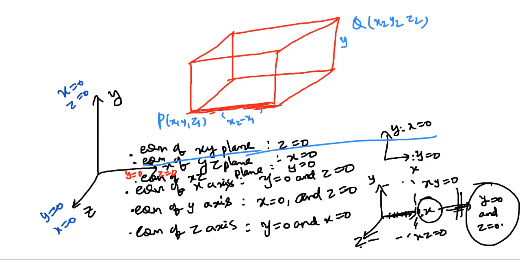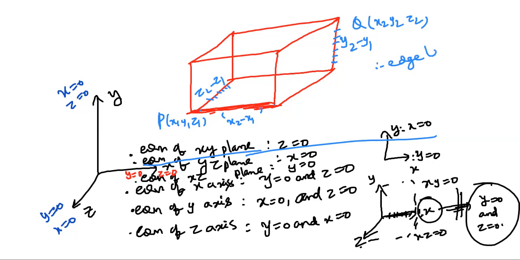So this difference is y2 minus y1, this edge length. Similarly z: you are going into the negative z side, that's okay. Until here it is z1, and until here it is z2. So this is going to be z2 minus z1. That is how you can give the edge lengths.